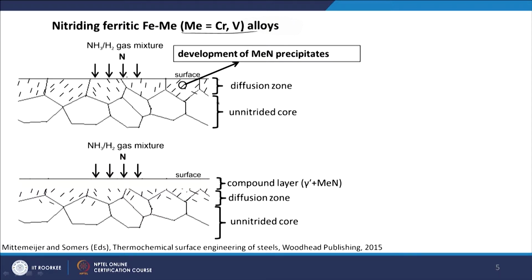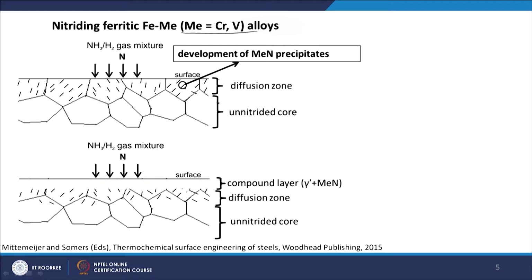So, the nitrogen, supplied from the dissociation of ammonia, diffuses inwardly, and because these nitrides can easily develop, you start to form the alloying element nitrides. These are all schematically illustrating, for example, the chromium nitrides developing.